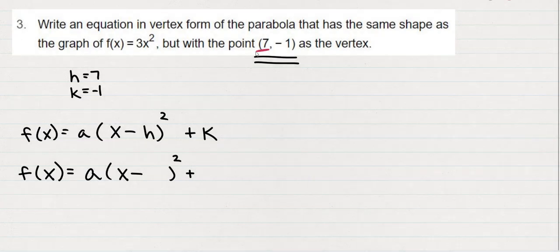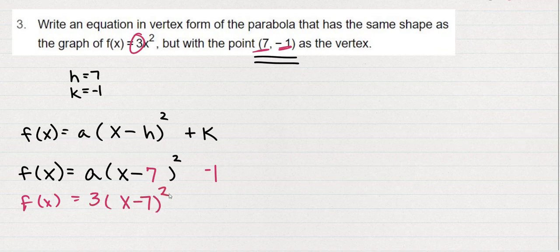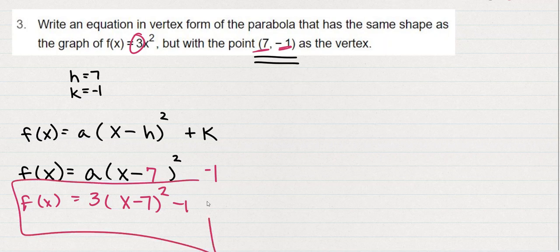Our 7 is what goes inside the parentheses, so we have x minus 7, and our negative 1 is what goes outside the bracket, so we could get rid of that plus sign, and we have a times x minus 7 squared minus 1, but then they throw in that we've got a 3 in front of it. So the final answer would be f of x equals 3 times x minus 7 squared minus 1.